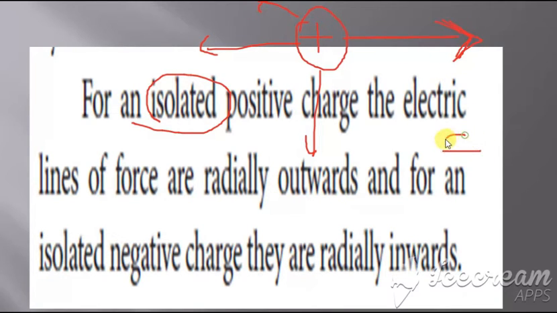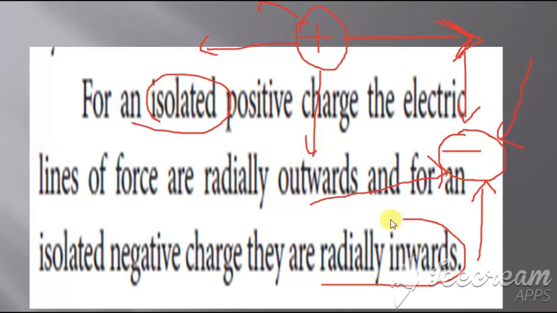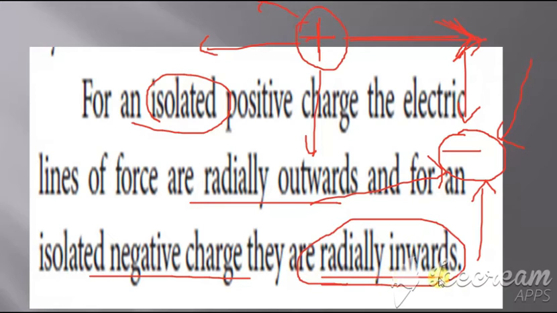Clear? Same way, if you are considering a negative charge, from positive the charge will come inward, towards the negative, and so we can say that it is radially inwards. So for an isolated positive charge it is radially outwards, and for an isolated negative charge it is radially inwards.